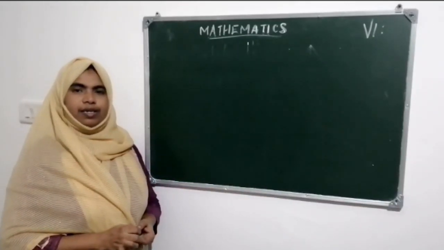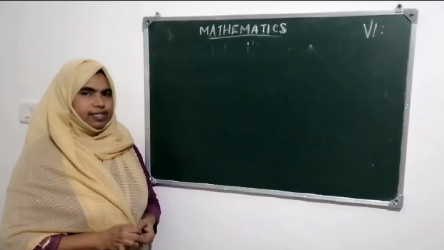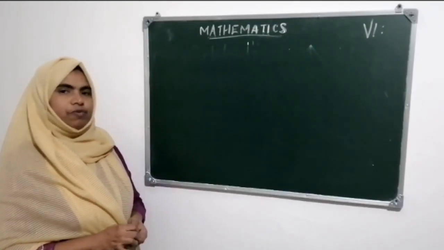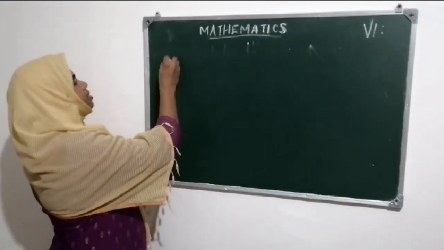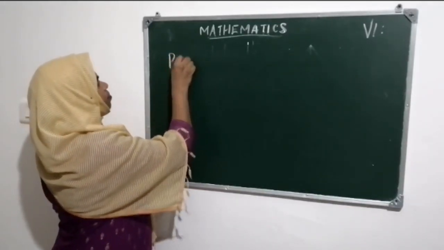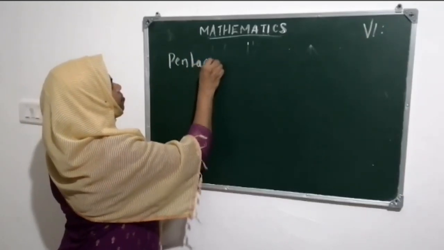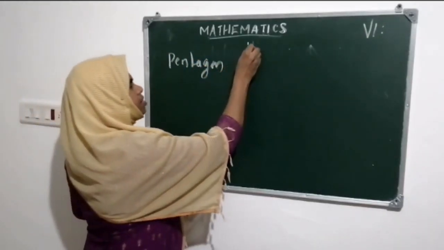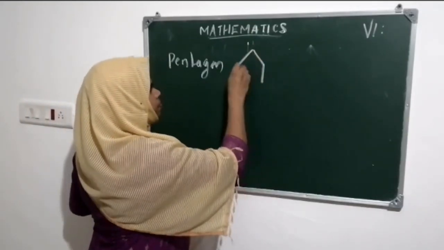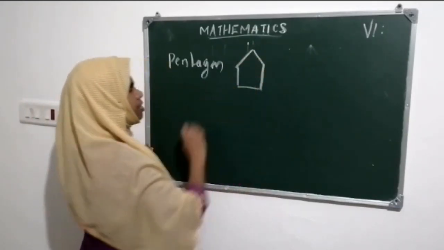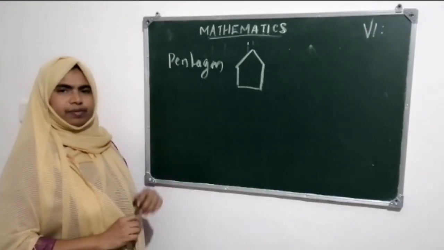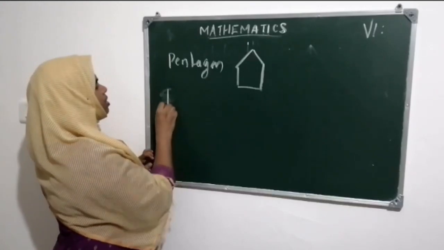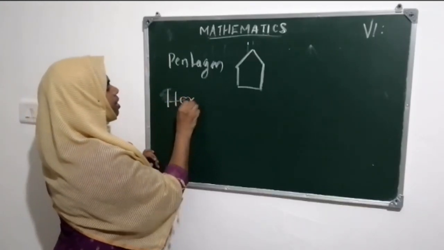We have seen polygons with four sides are called quadrilaterals. If it has five sides, what can we say? That is a pentagon. A polygon with five sides is a pentagon. Then if it has six sides, it is a hexagon.